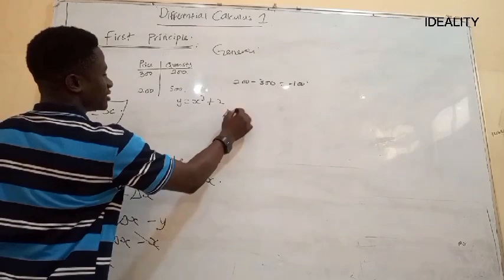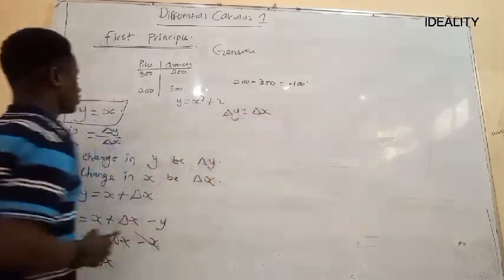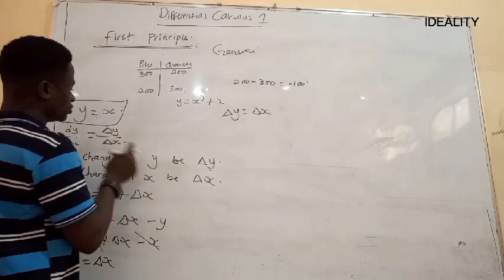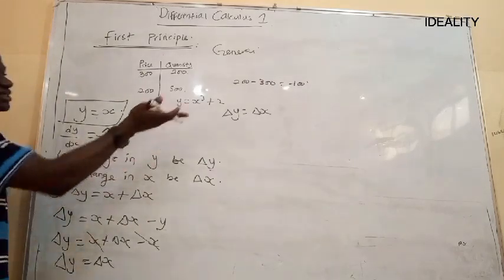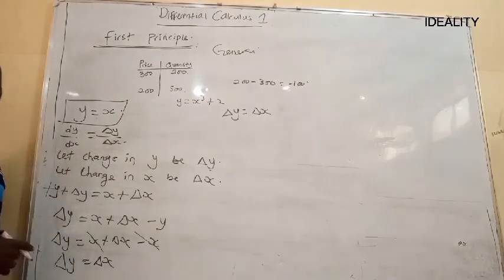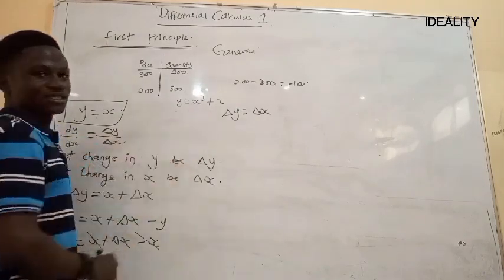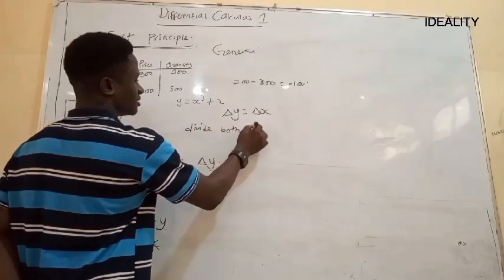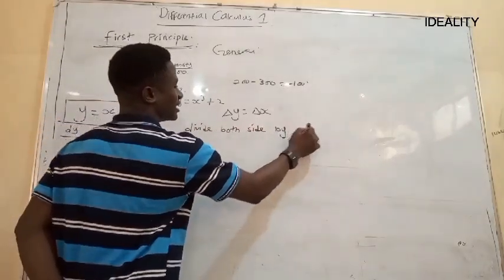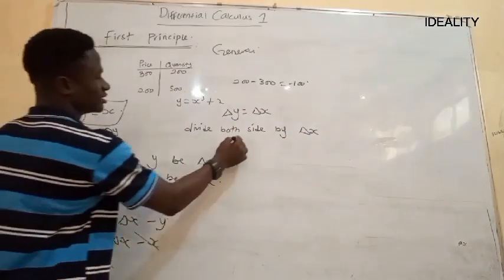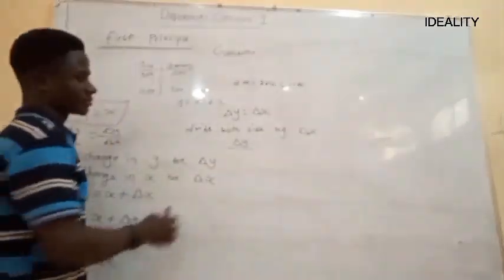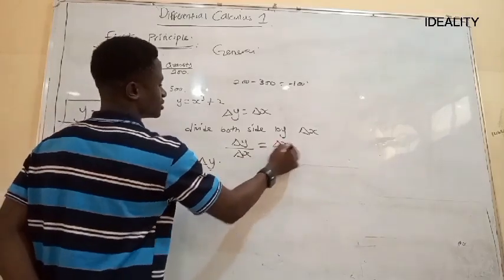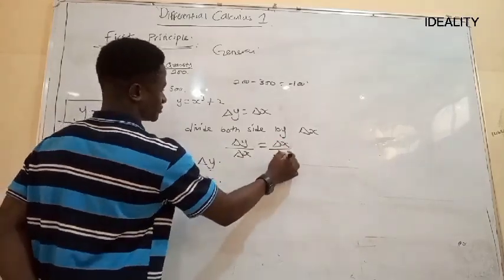Now if my theta y is equal to theta x and I want to find theta y over theta x, I can simply divide both sides by theta x so that we have theta y over theta x is equal to theta x over theta x.